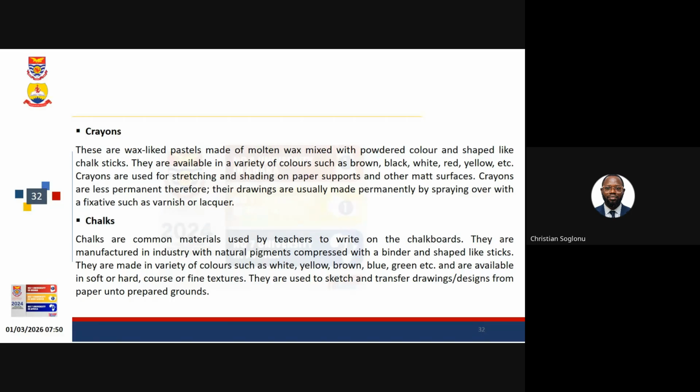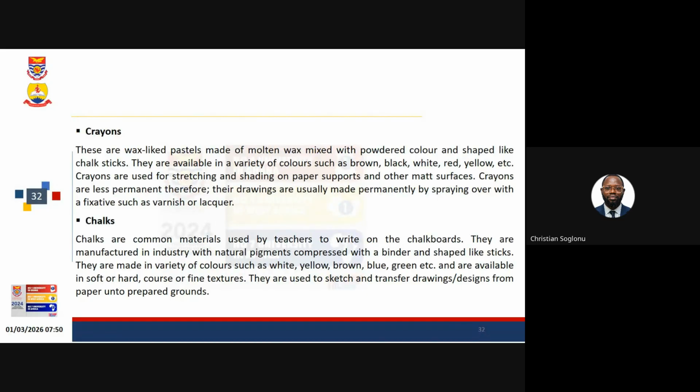So move on to chalk. With the chalk, we are saying chalk are common materials used by teachers to write on the chalkboard. They are manufactured in industries with natural pigments, compressed with a binder, and shaped like a stick.